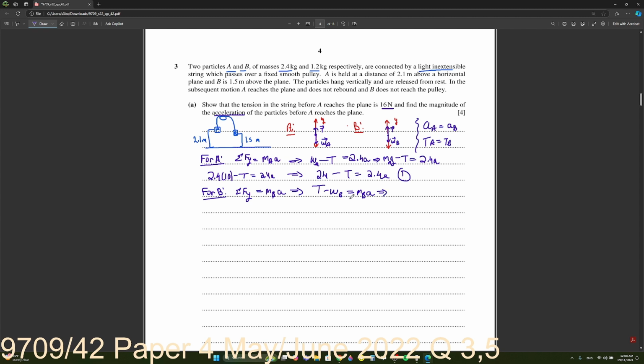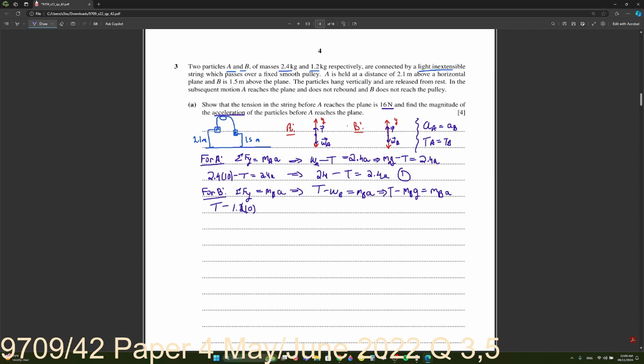times the acceleration. Let's substitute. So T minus the mass of B times g is equal to the mass of B times a. Why does WB equal mB g? W is equal to mg. That's why I substituted. Mass of B is 1.2, g is 10.